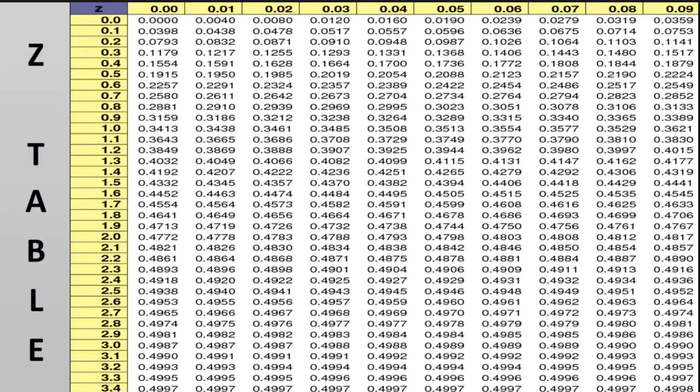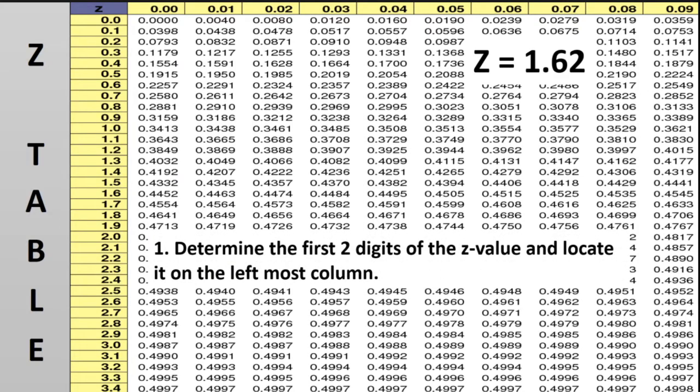Let's follow these steps and reminders to find the area of a given z-value. Let's have 1.62 as an example. Most of the time, a z-value has 3 digits. To know the area, first, determine the first 2 digits of the z-value and locate it on the leftmost column.